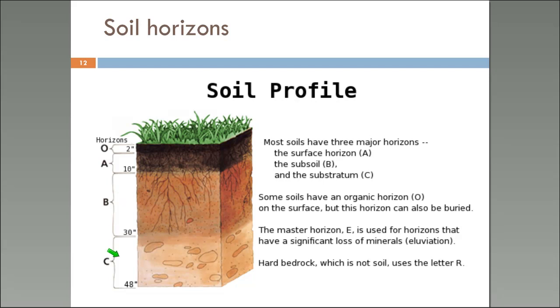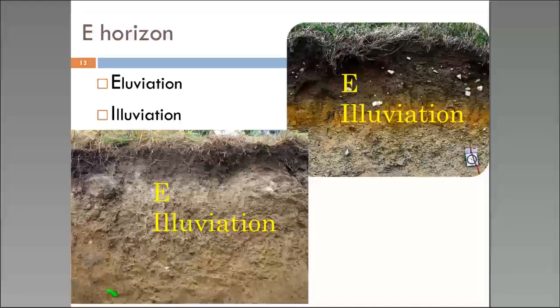Below that, there will be a horizon with bedrock in it and probably some large fragments, but clearly the bedrock has begun to weather. And then below that will be consolidated hard bedrock, or an R horizon. Now, in some areas, especially really humid regions, there will also be an E horizon.